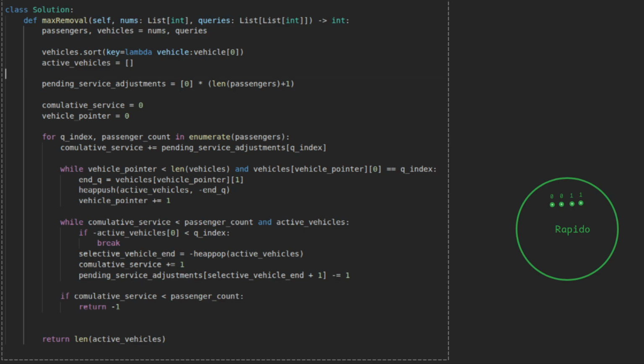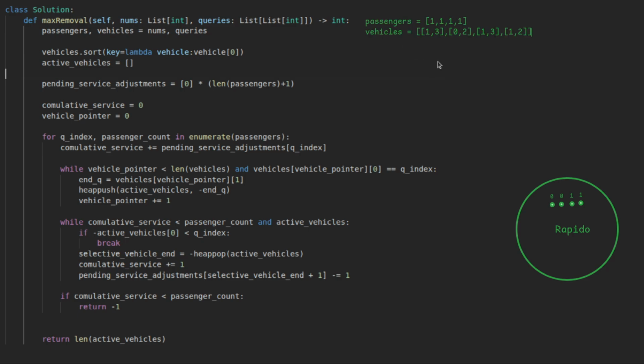an example. Let's take this case. We have already done a dry run here, but let's take this case again with this code. Okay, so what I am going to do is first sort the vehicles.